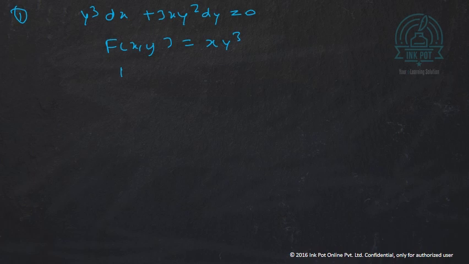The partial derivative of f with respect to x is y cubed, and the partial derivative of f with respect to y is 3xy squared. So these equal M(x, y) and N(x, y), and hence there exists a function satisfying the definition of exactness. So the above equation is exact.